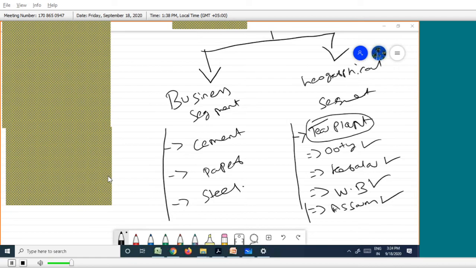If it is a business segment, we can classify it in product or service. If it is a geographical segment, we can classify that location wise. Product or location. If it is a product or service, it is a business segment; if it is a location nature, it is a geographical segment. Okay.